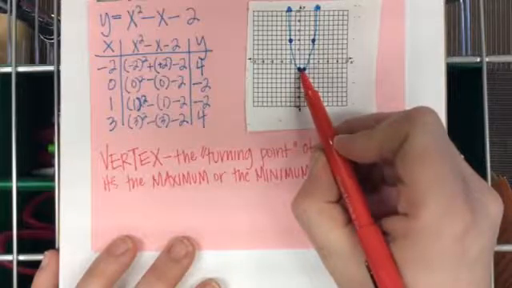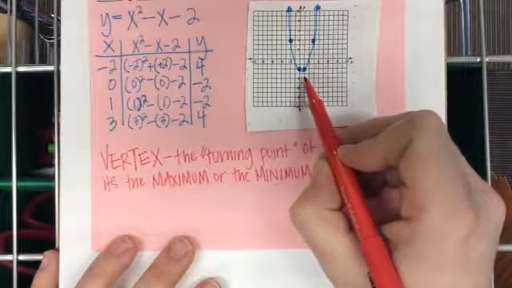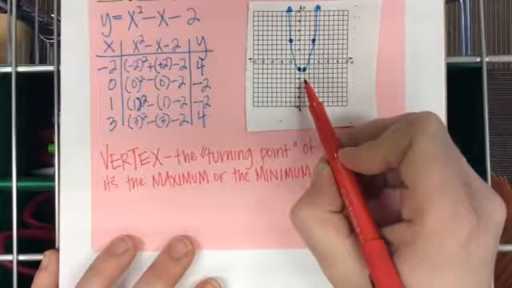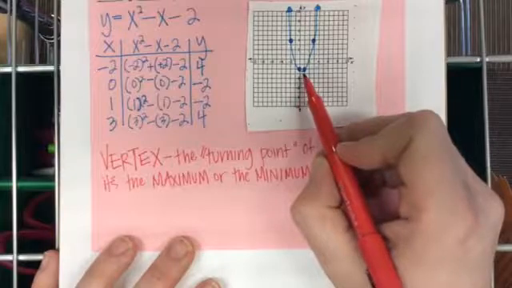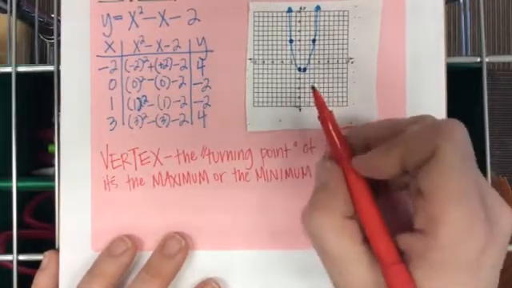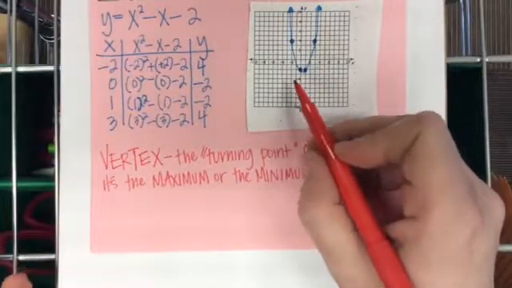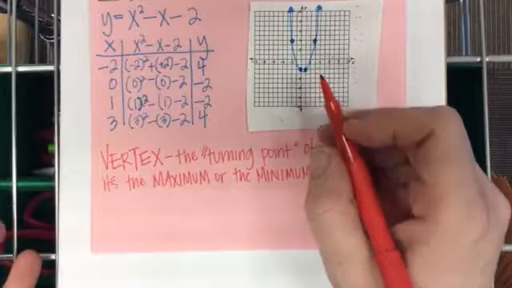But what kind of values make up that ordered pair right here? What kind of numbers are those? They're fractions or decimals. What if we want those? So we have to figure it out. And I can't guess what it is because it's a fraction or a decimal. That's too much.